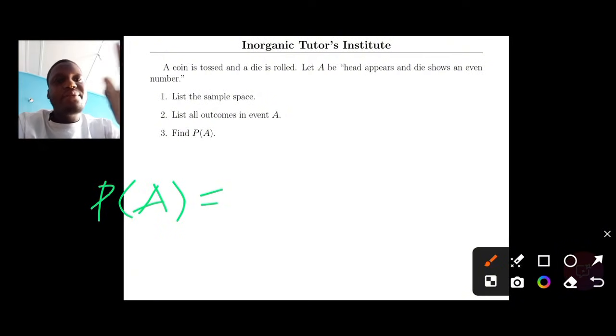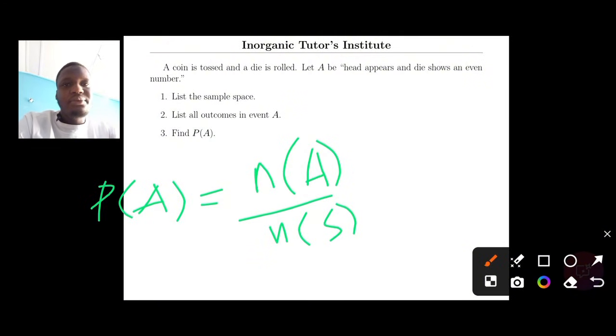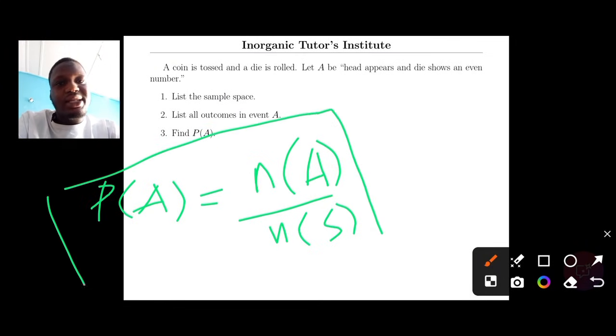So we have probability of A equals the number of outcomes in A over the number of outcomes in the sample space. This is the formula that we saw in the previous lecture. Please memorize it.